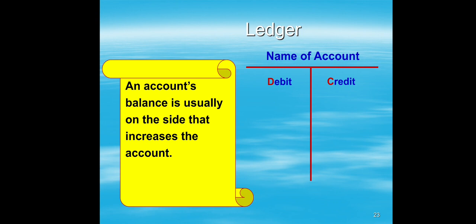Because, see the figure here, it looks like the letter T. For a T account, you draw the T lines and then put a name for the account, for example account cash, or account bank loan, or account capital, or account revenue, or anything.